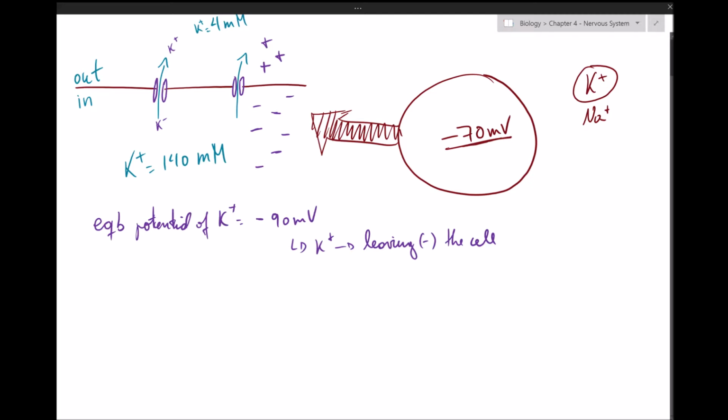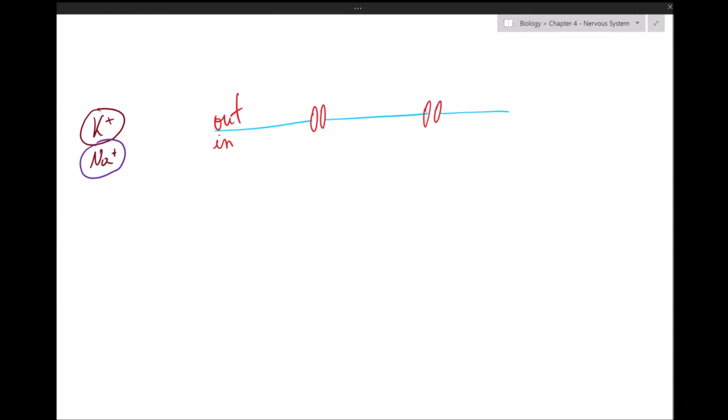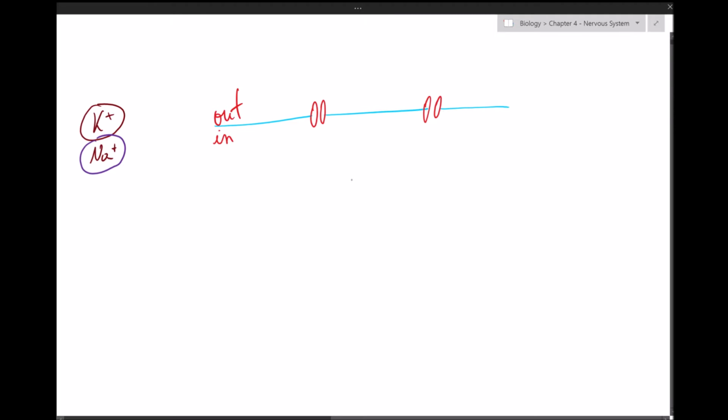So the next thing that needs to be considered is the sodium ion. So right away we see a major difference between sodium and potassium, because in sodium there's actually a lot less inside of the cell. So there's actually around 12 millimolar compared to the outside, which is 145 millimolar.